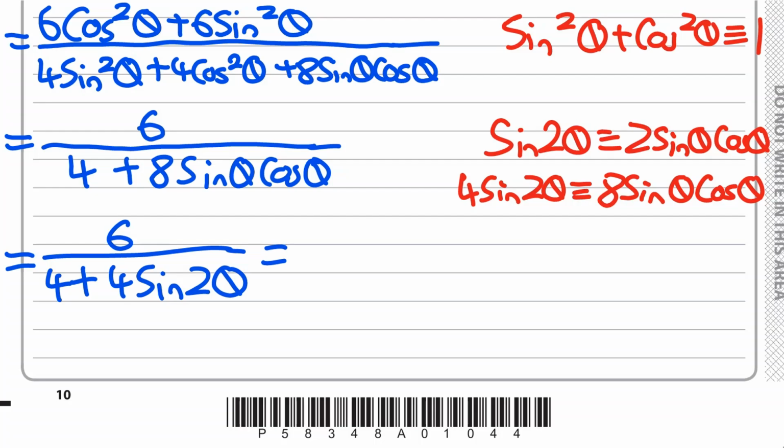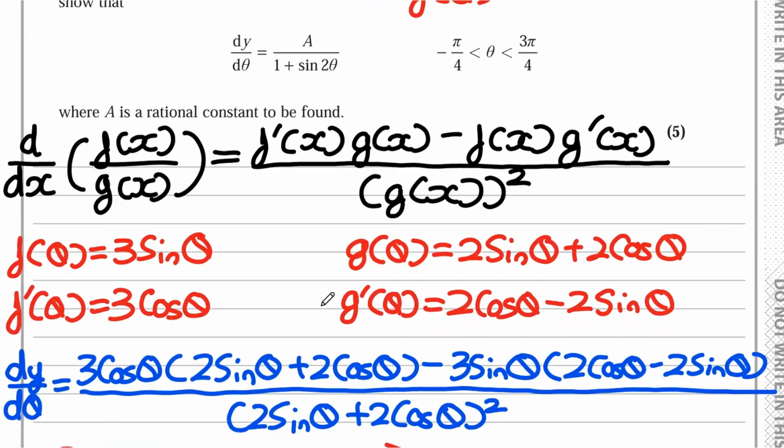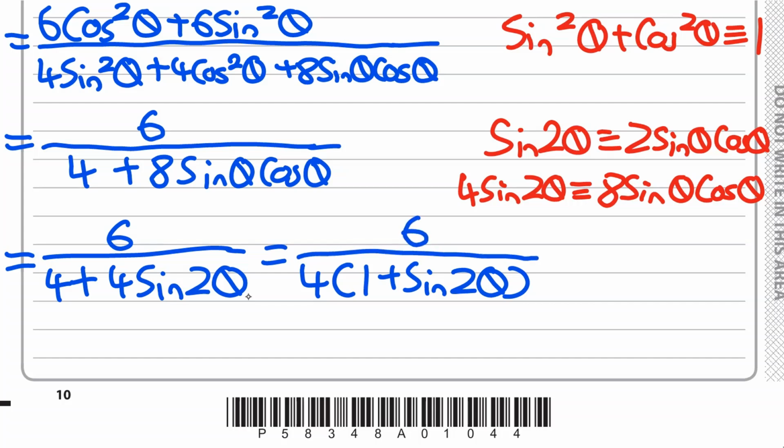Now again, if you look at the final answer, we need in the denominator this 1 plus sin 2 theta. Here we have 4 plus 4 sin 2 theta. So if we factorise out 4 from this, it's going to be 4 times 1 plus sin 2 theta, under 6.